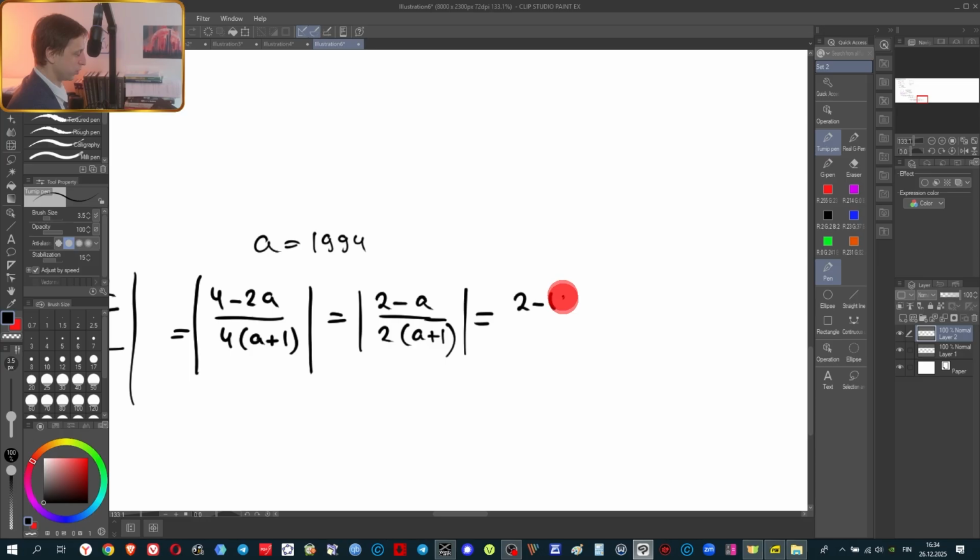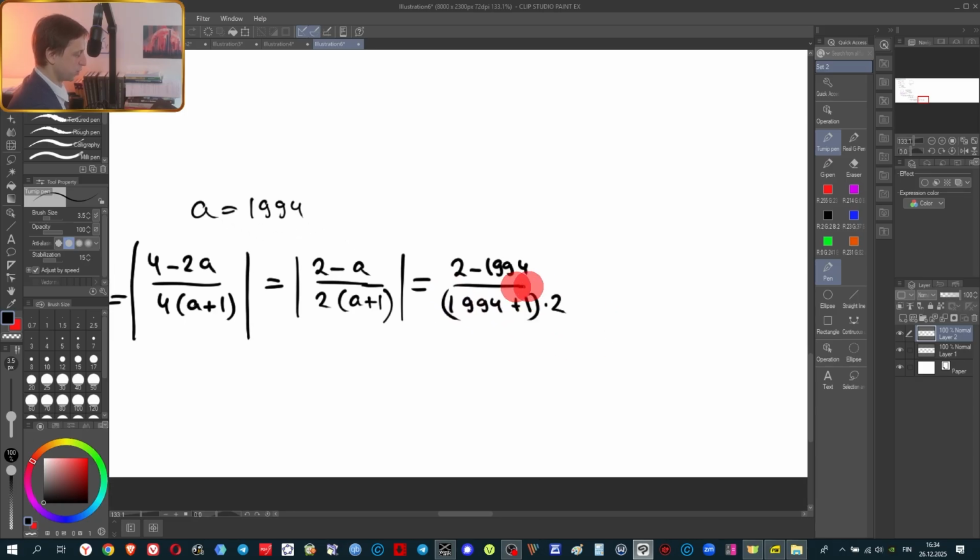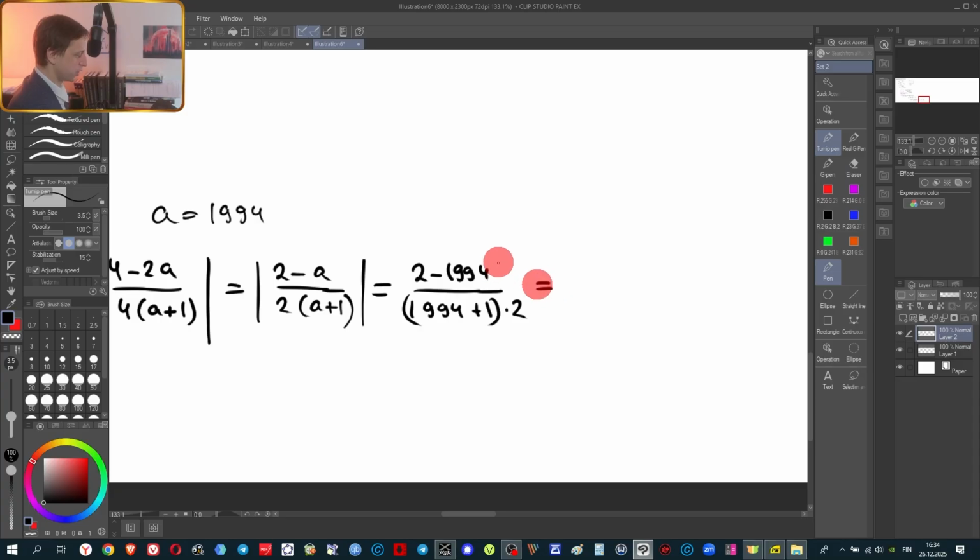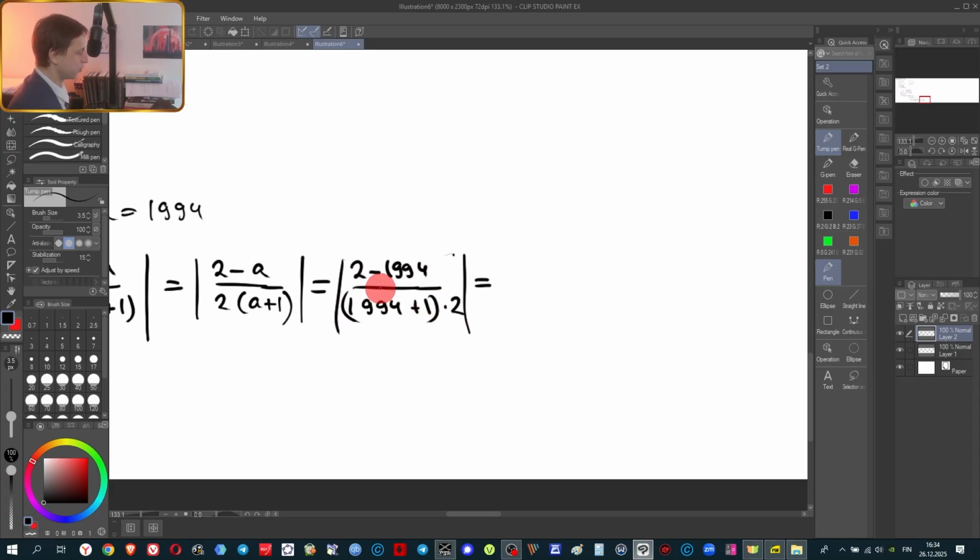So 2 minus 1994, and here we have 1994 plus 1, and times 2. Okay, so this one on the top is minus 1992, and the absolute value will be 1992, perfect. So this one divided by 2, and this one is 1995.